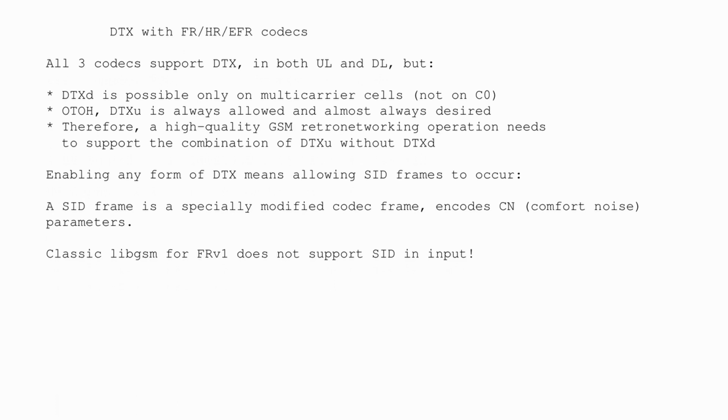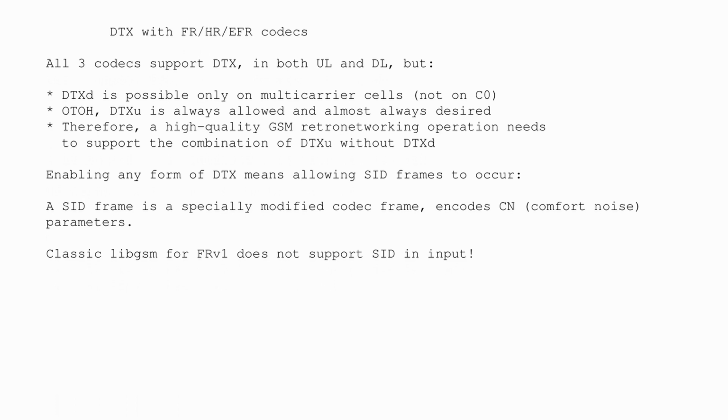You can do a fake DTXD, which we'll get to, which is what I've implemented recently in OsmoDevCall. But as far as physical DTXD, where you actually turn off TX, that's not possible when you have just a single carrier cell.